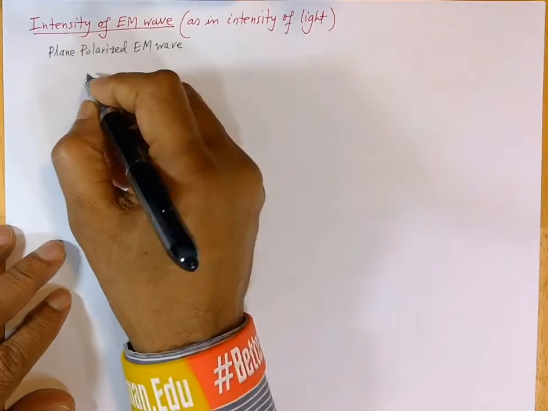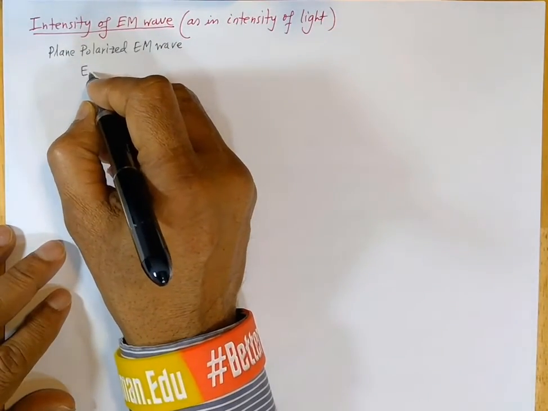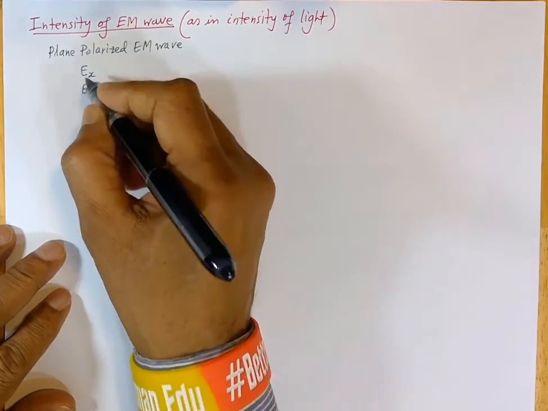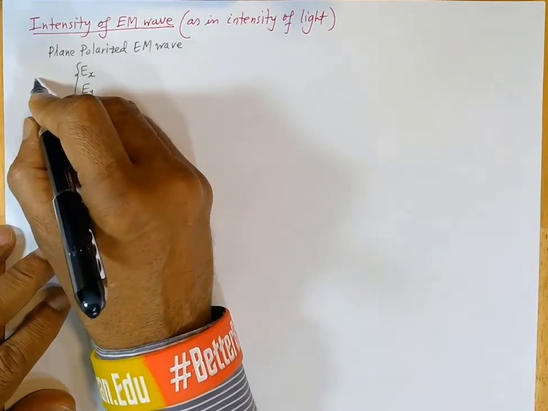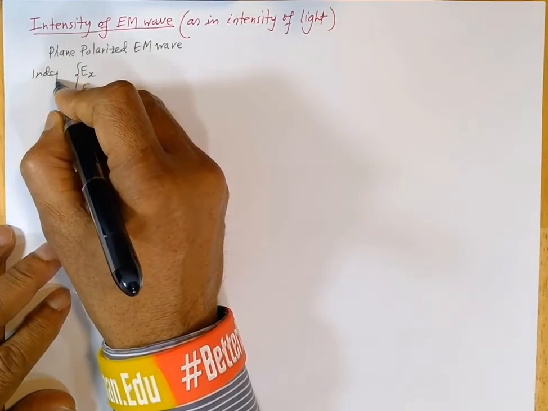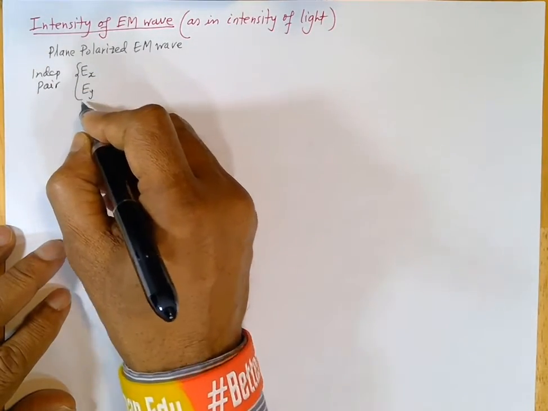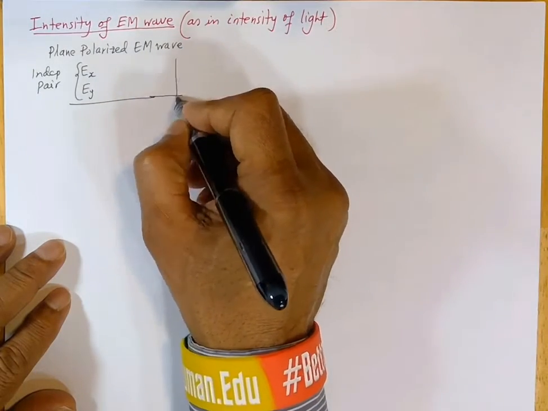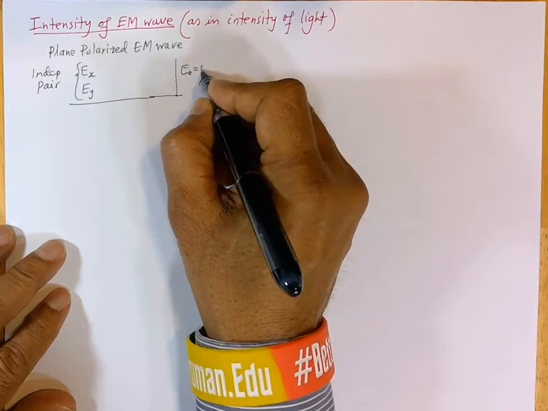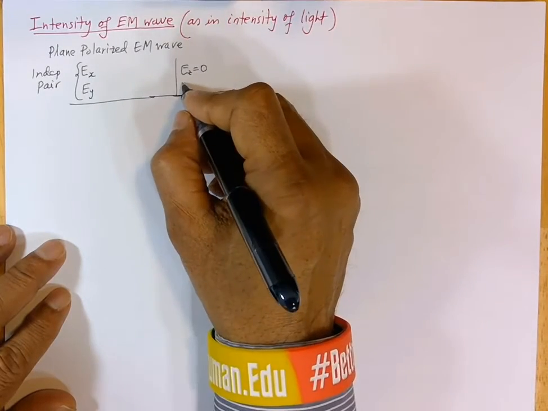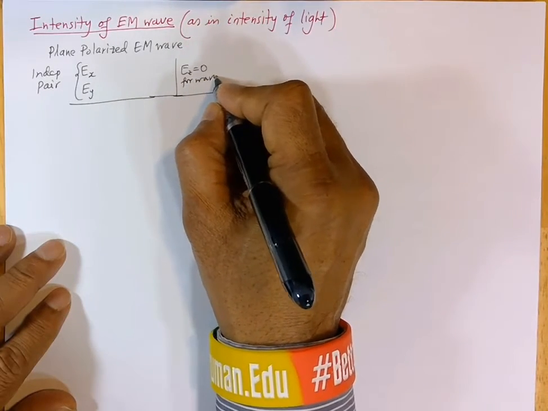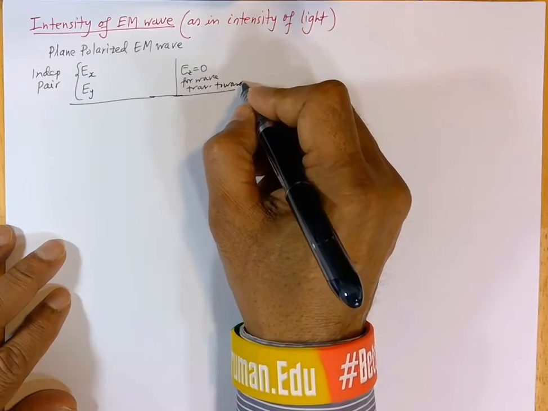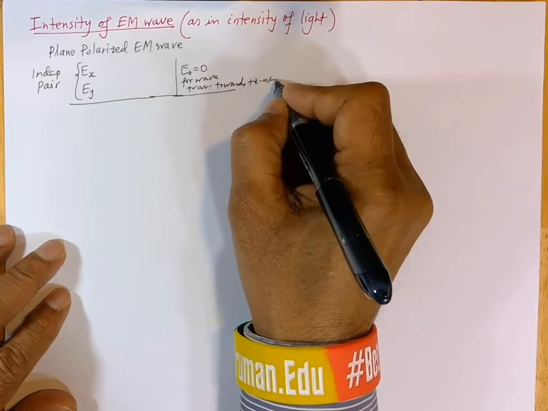So what we had was an Ex wave and an Ey wave. These were our so-called independent pair, and we also had Ez equal to 0 for a wave traveling towards the plus z axis.